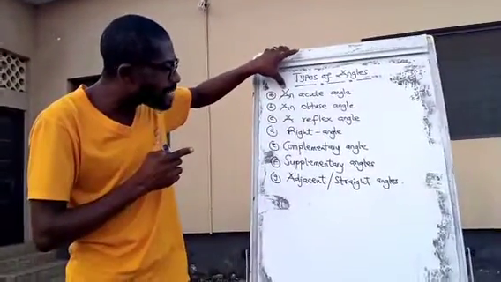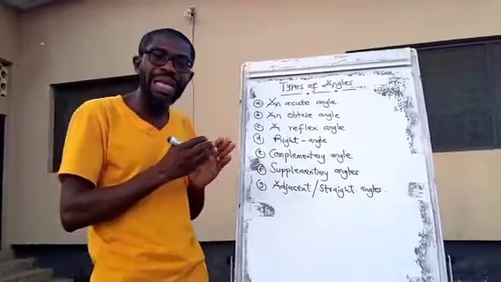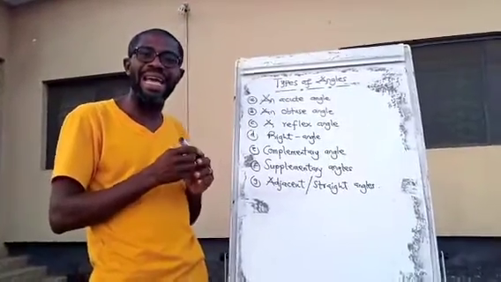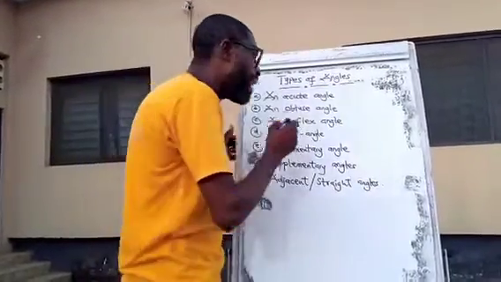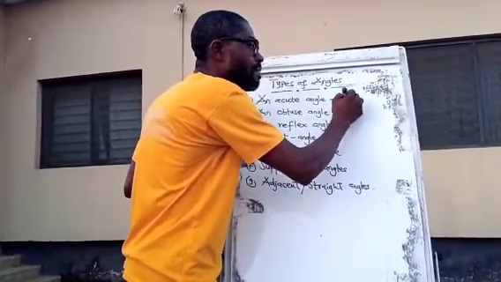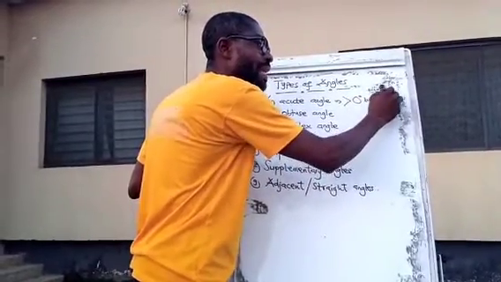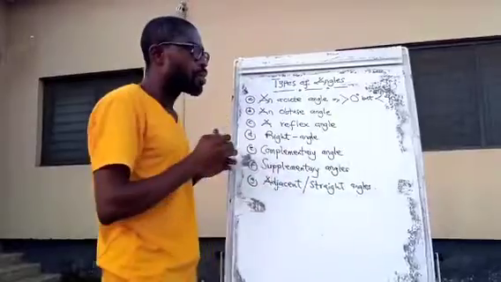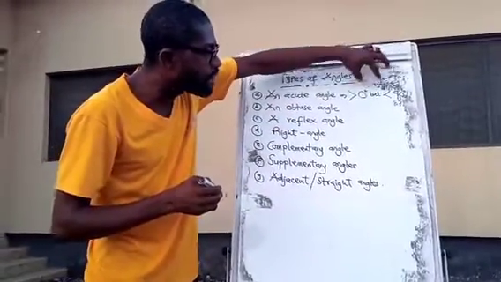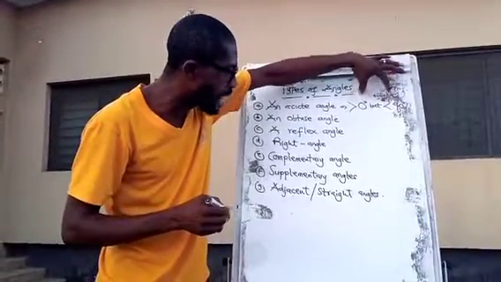So we can say that acute angles are angles which are greater than 0 degrees, but less than 90 degrees. So it means that all angles within the range of 0 to 90 degrees are acute angles.